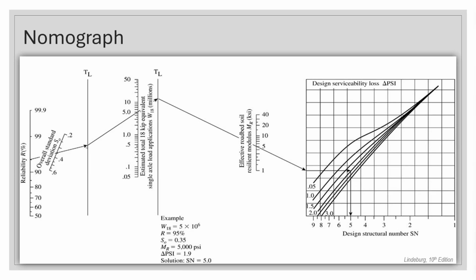So I'll stop there. And then from that point, I'm going to go through this next scale, which is estimated total 18 kip equivalent single axle load applications. Those are our ESALs, and that's in millions. So we take our number of however many million ESALs, we put a point there, and we're able to go from this point on the turning line through the ESALs number across to the next turning line. Then we look ahead, and it's asking us for resilient modulus.